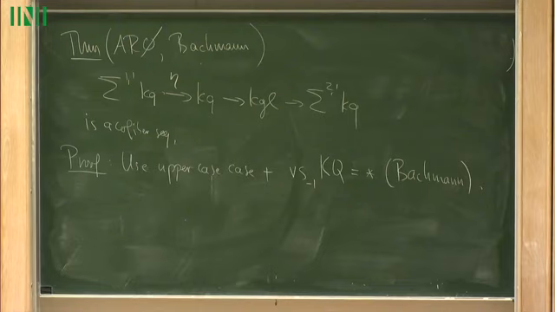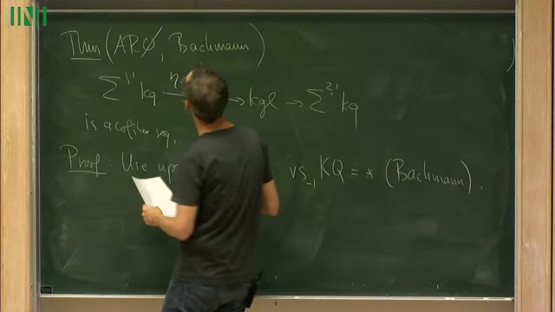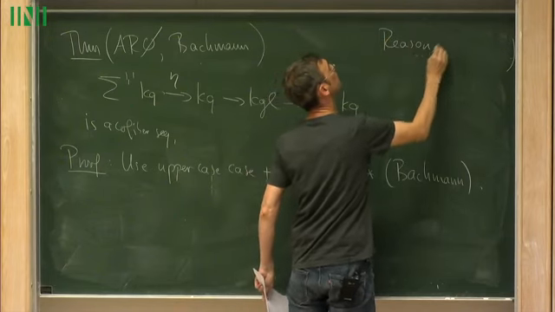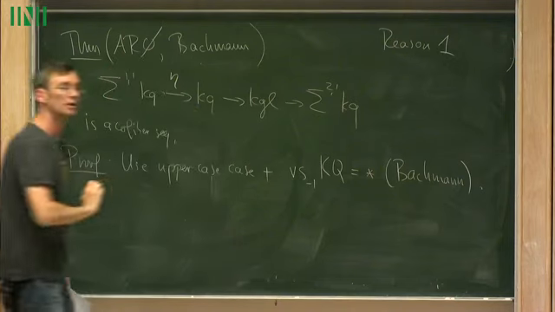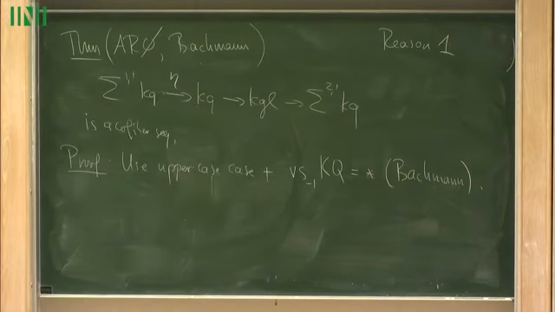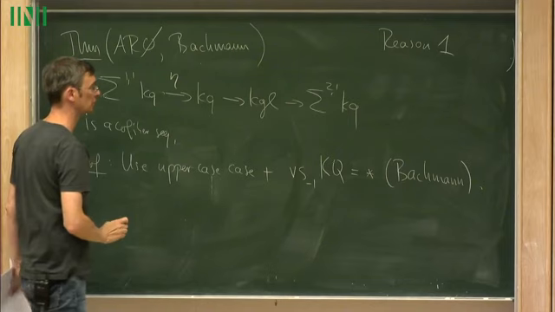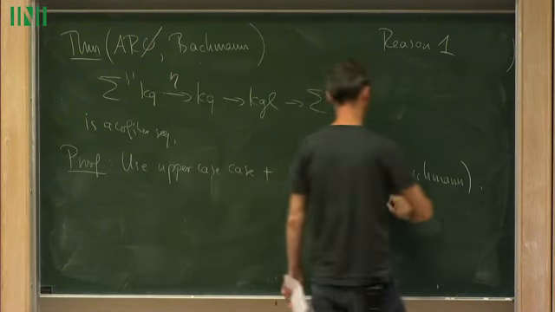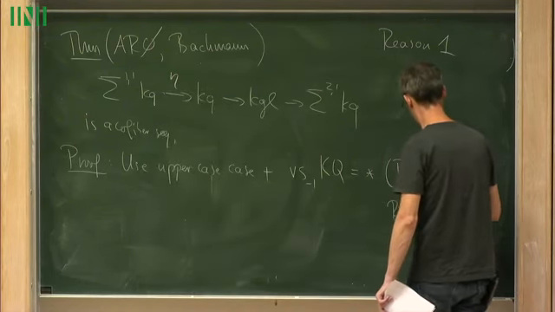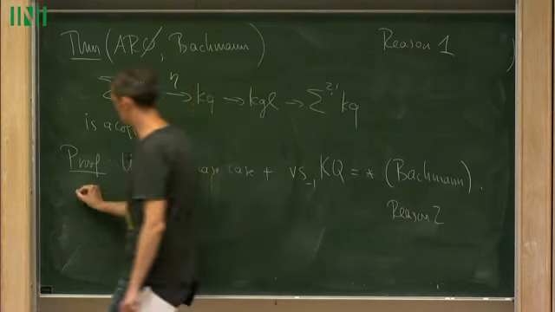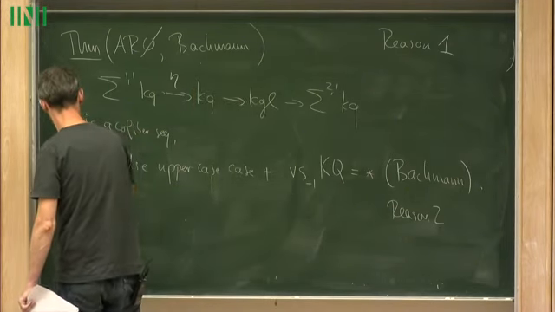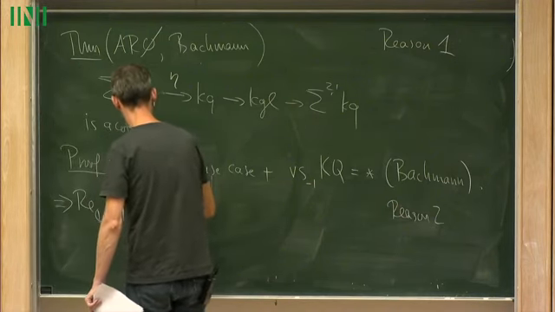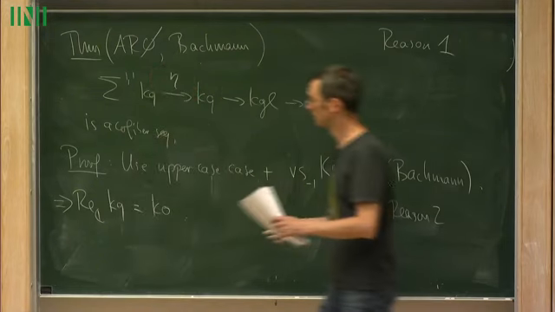So what we get from that, this is reason one why this here is a good analog of connective real topological K-theory. And from this here we immediately get reason 2, which is when you take complex realization of little kq, you get little ko.